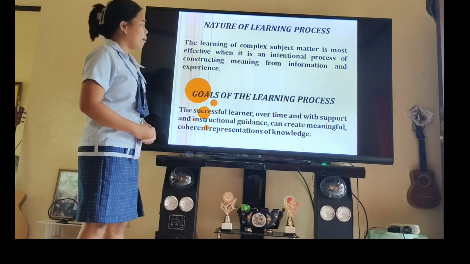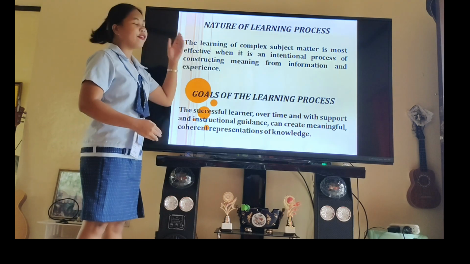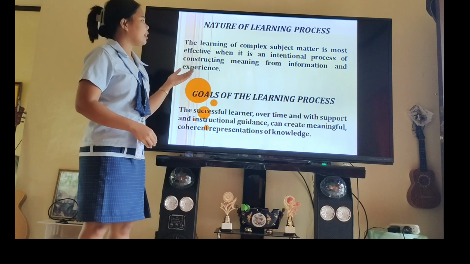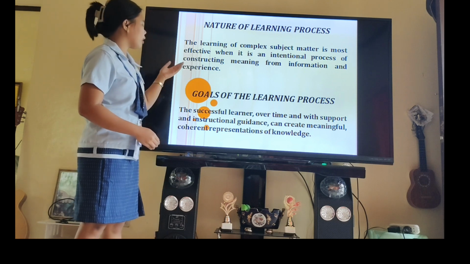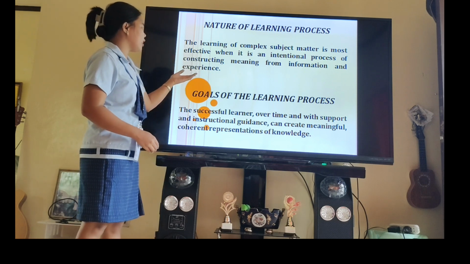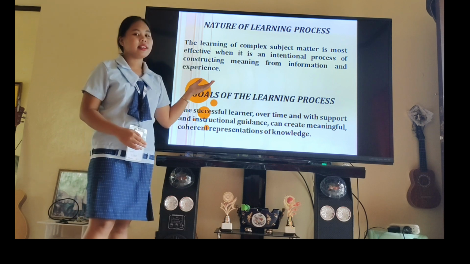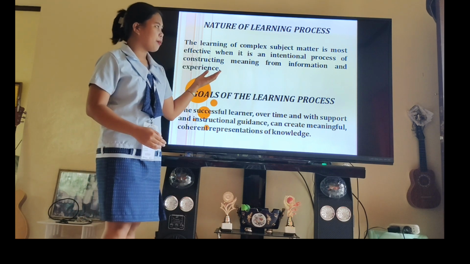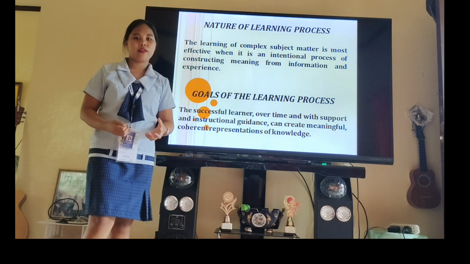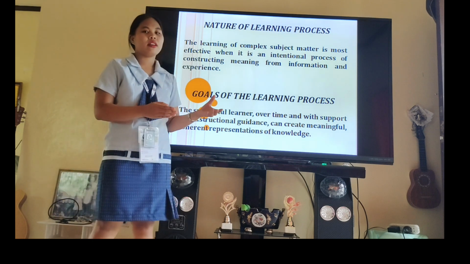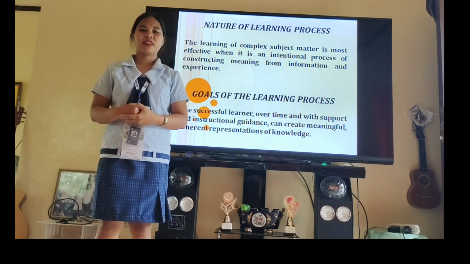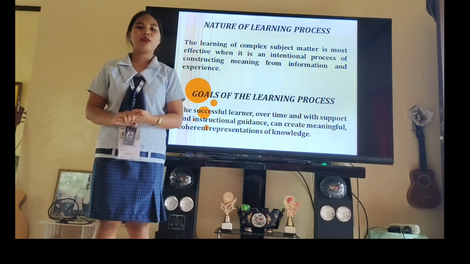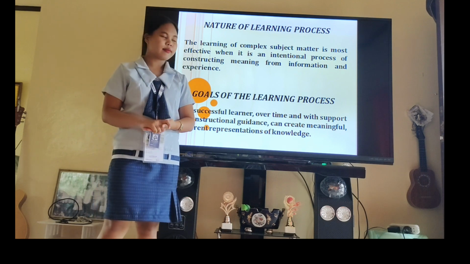The learning of complex subject matter is most effective when it is an intentional process of constructing meaning from information and experience. That means an intentional process is more effective than just doing it without any reason, or it gives you more motivation to learn more.